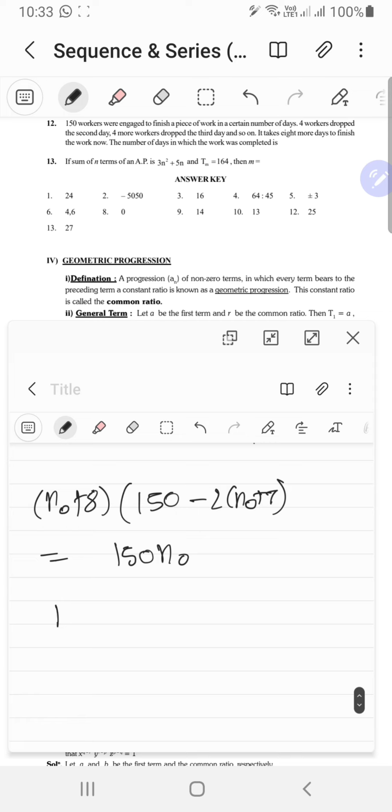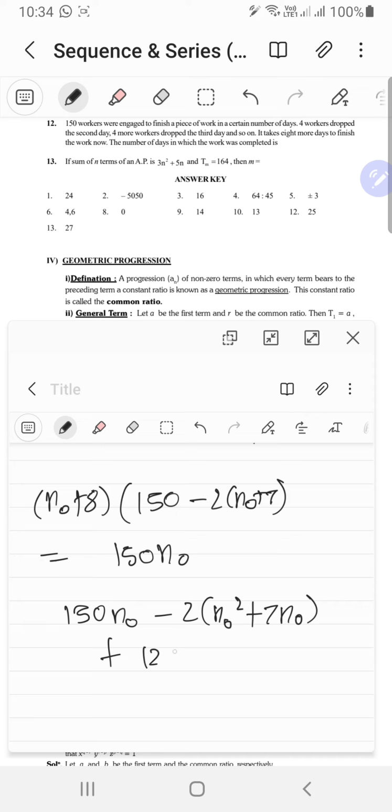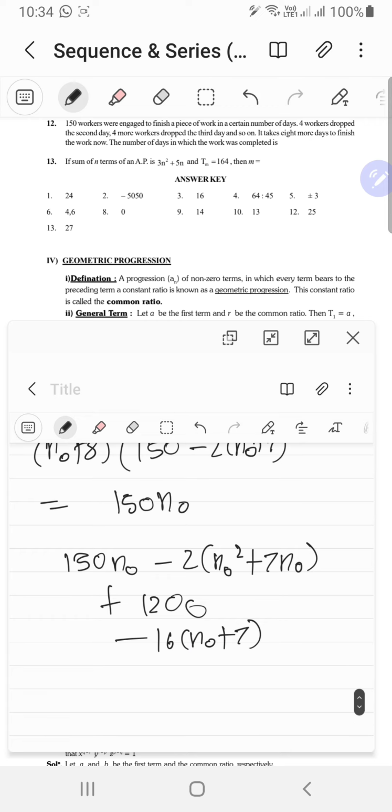And this just gives us n, 150 n naught, minus 2 into n naught squared plus 7 n naught, and then plus 8, so 8 times 150, that is 120, yes, minus 16 times n naught plus 7, right? This thing is 150 n naught, so this cancels.